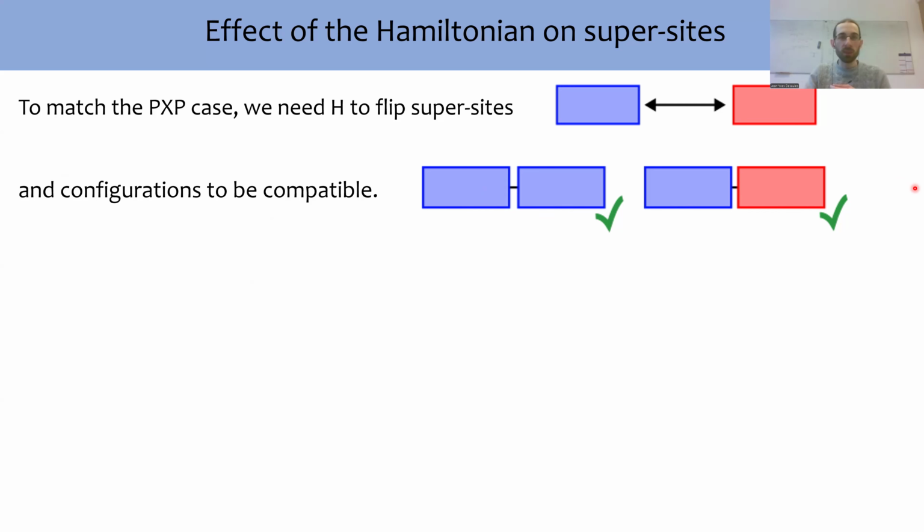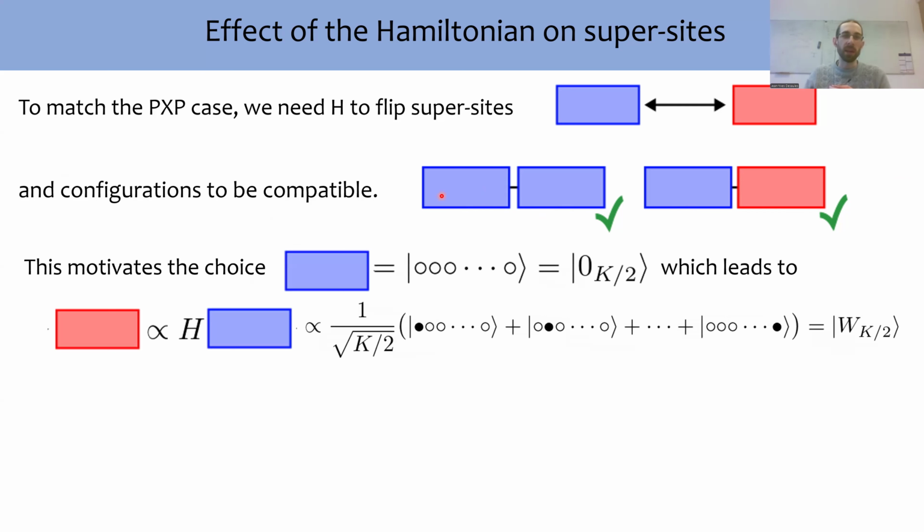And well, the best way to do that is to say that my non-excited supersite will just be a collection of non-excited Rydberg atoms. That's really the simplest way. And then whatever I put next to it, the blockade will never kill it. So I'm fine with that. So I define that my non-excited supersite is just k/2 ground states, which are denoted by 0.